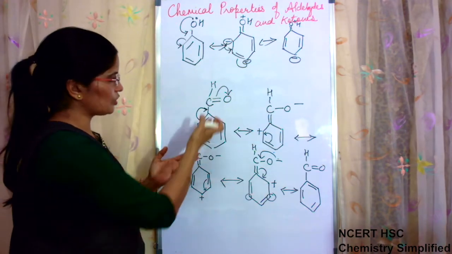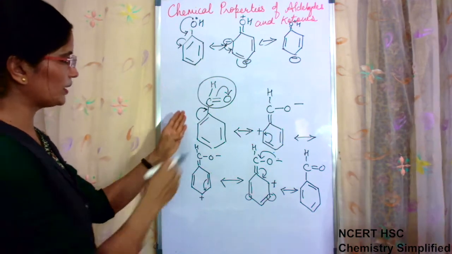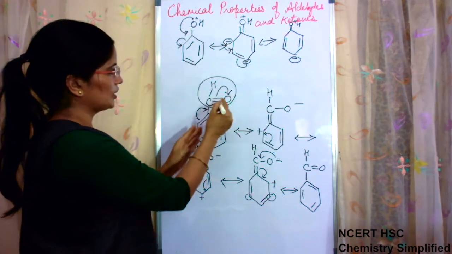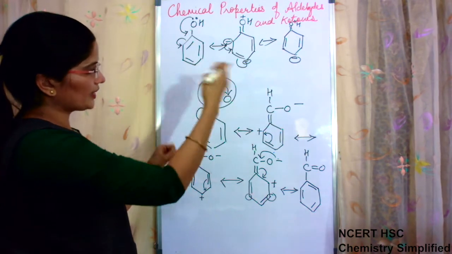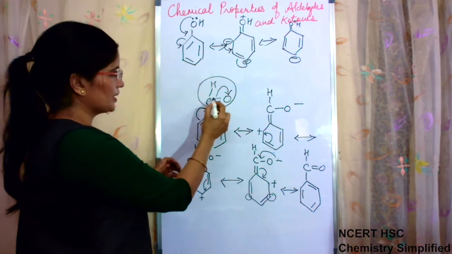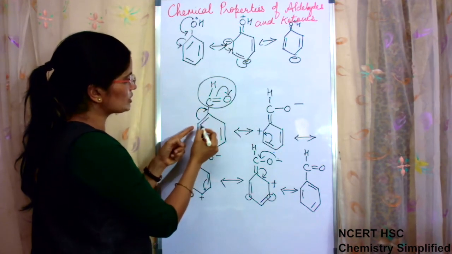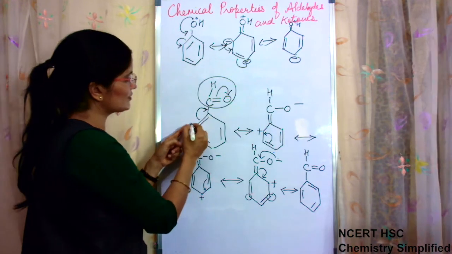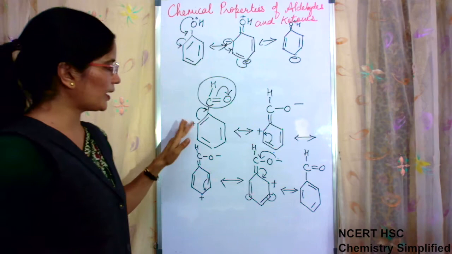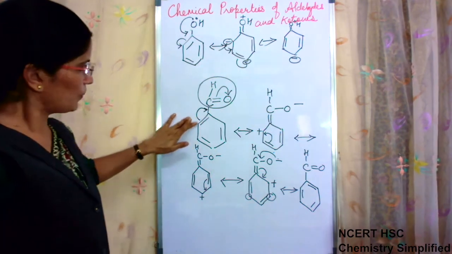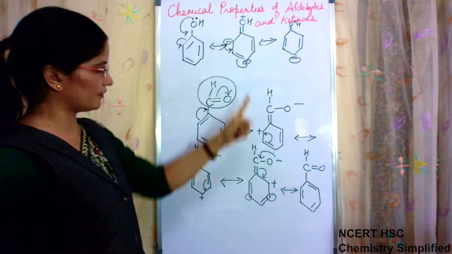Instead of it, in case of benzaldehyde, when the CHO group is attached on the benzene ring, what is happening? It is withdrawing electrons. This O is pulling the electrons towards itself, so this pull effect is transferred on the whole benzene ring. This bond is pulled here, and because this bond is moving from here, this will be left as positive. Whenever electrons are moving, the point acquires a positive charge. So here the ortho position is positive, whereas in phenol the ortho position was negative.